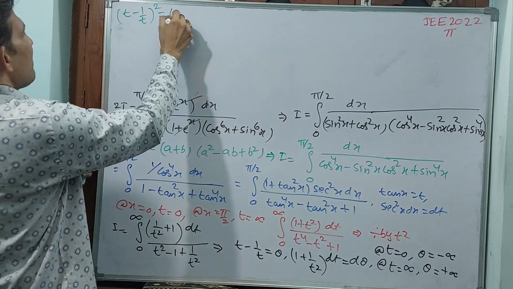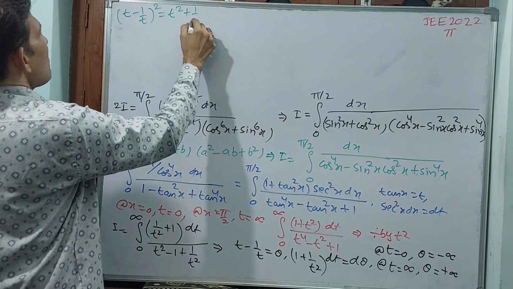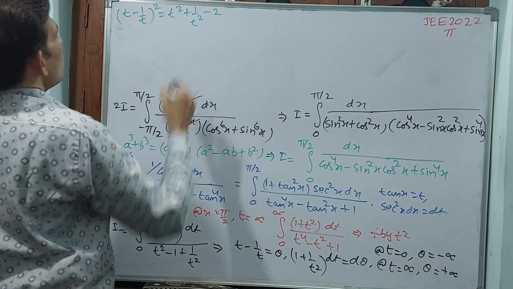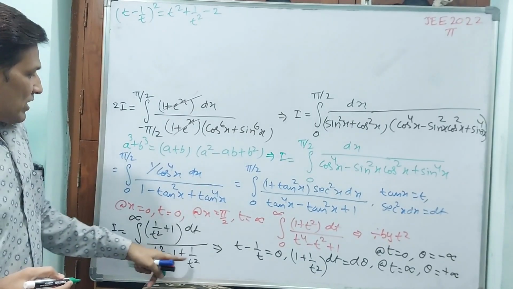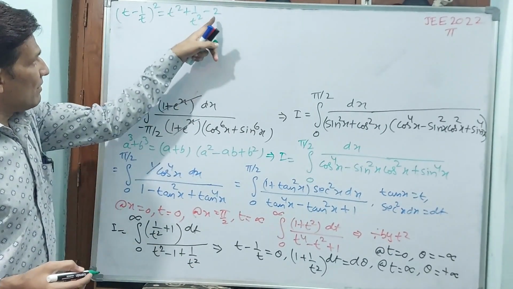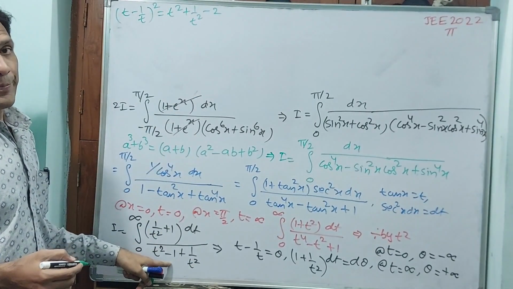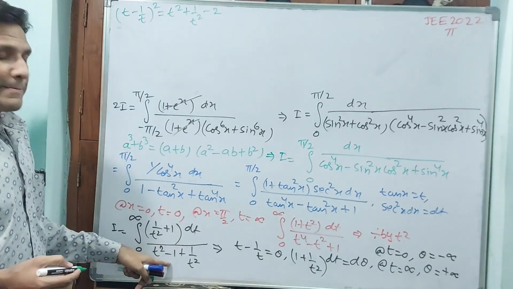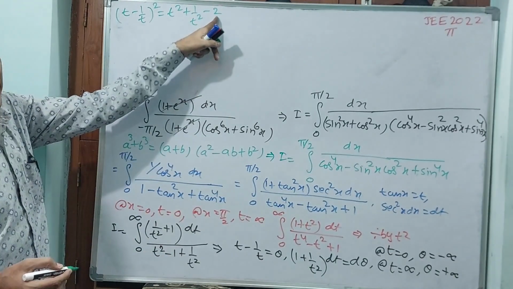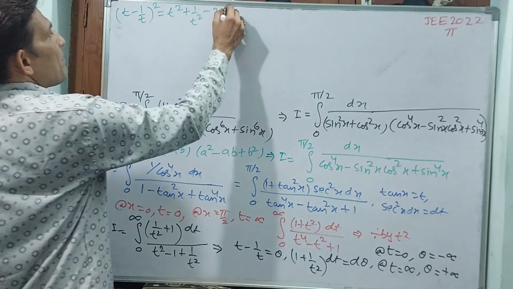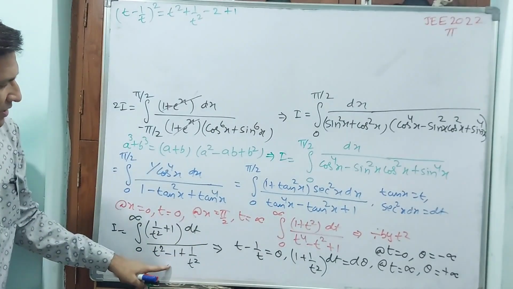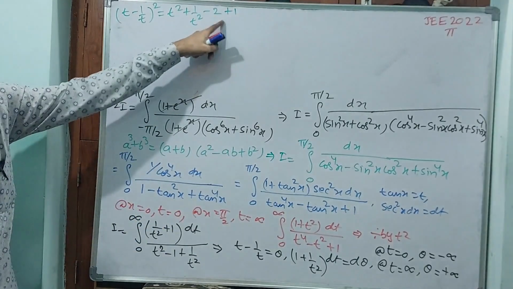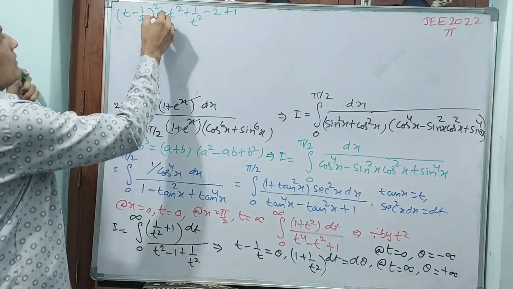If I take that, what will happen? T square plus 1 by t square minus 2, since t into 1 by t gets cancelled out. But here t square plus 1 by t square is there, with minus 1, but you are having minus 2. Then you add plus 1, so minus 2 plus 1 gives minus 1. Now you require this.